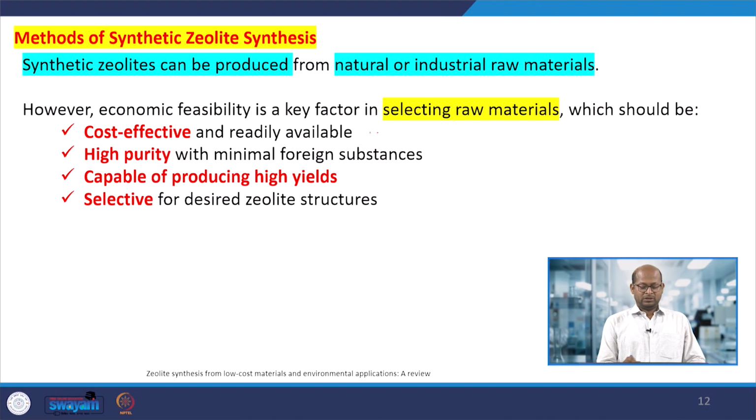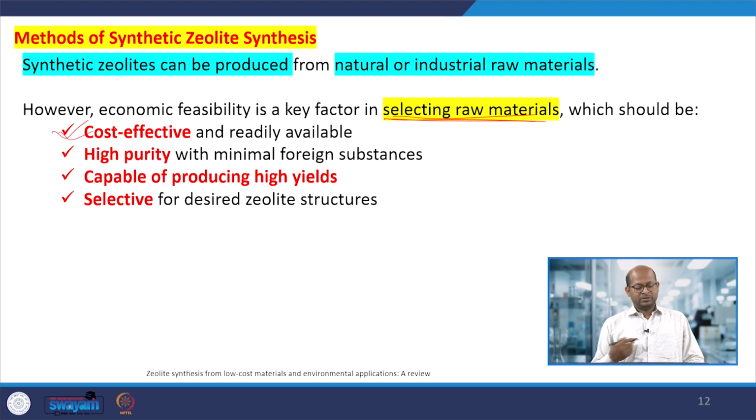Then there is the cost of the materials, whatever the zeolites. We have to prepare in lab scale or industrial scale, so selection of the raw materials is very important, and the cost of the materials we prepare depends on the materials we use.